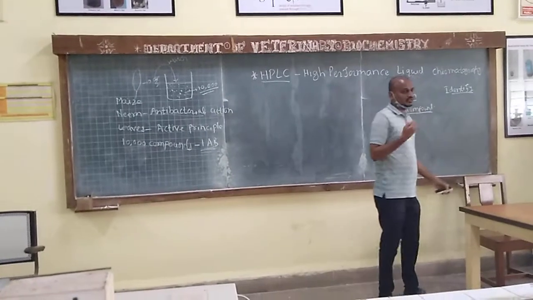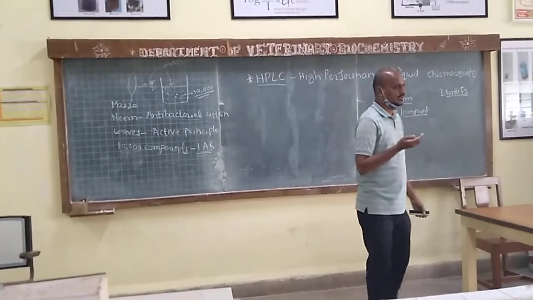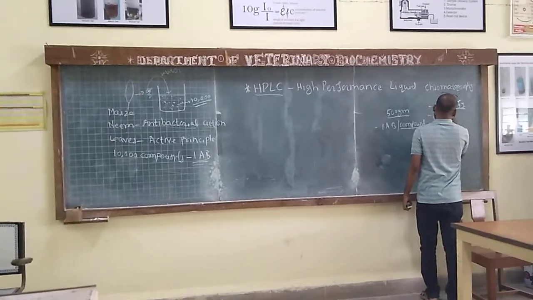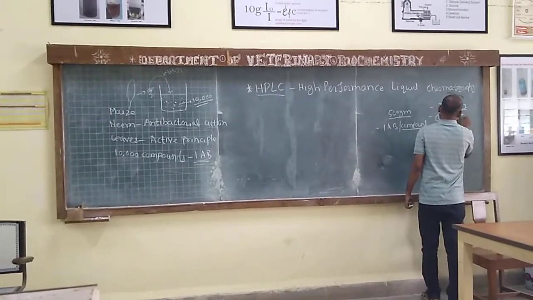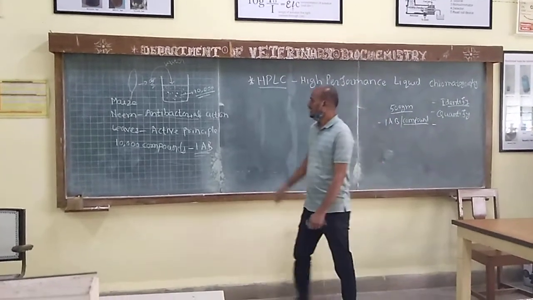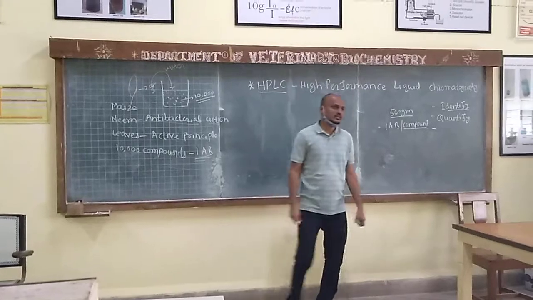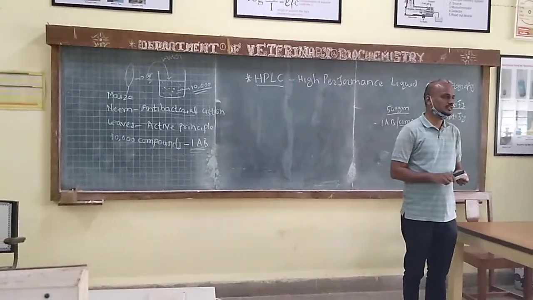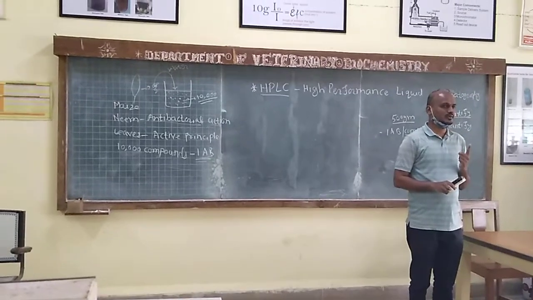So for that, what will you need? Quantity will be needed, right? So we have to identify, we have to quantify. Next, we have this 10,000 molecules. Now what do you want from 10,000 molecules? A particular one molecule, right?